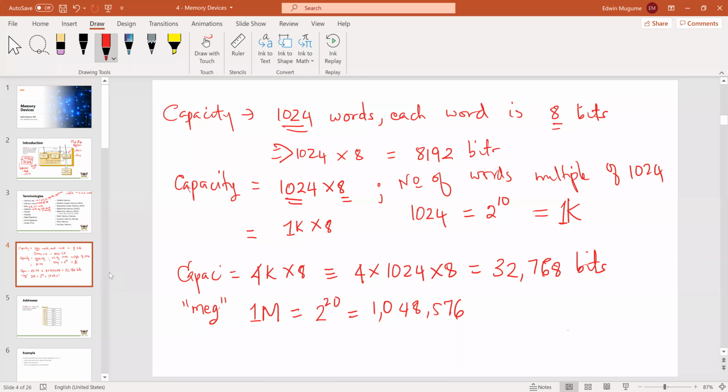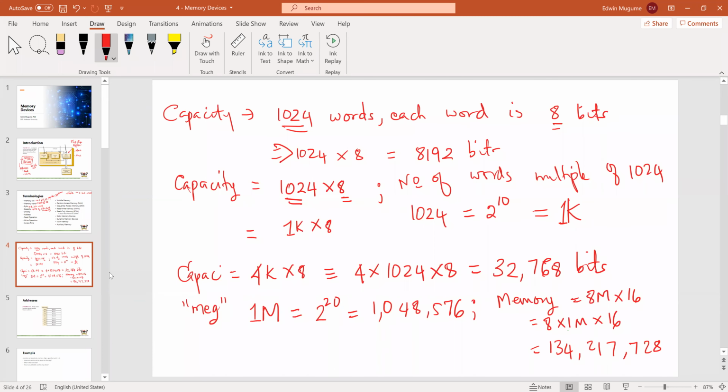1,048,576. And so I can say that my memory is defined by 8M times 16. What I mean is that it is really 8 times 1M times 16, and the capacity of that will be 134,217,728.